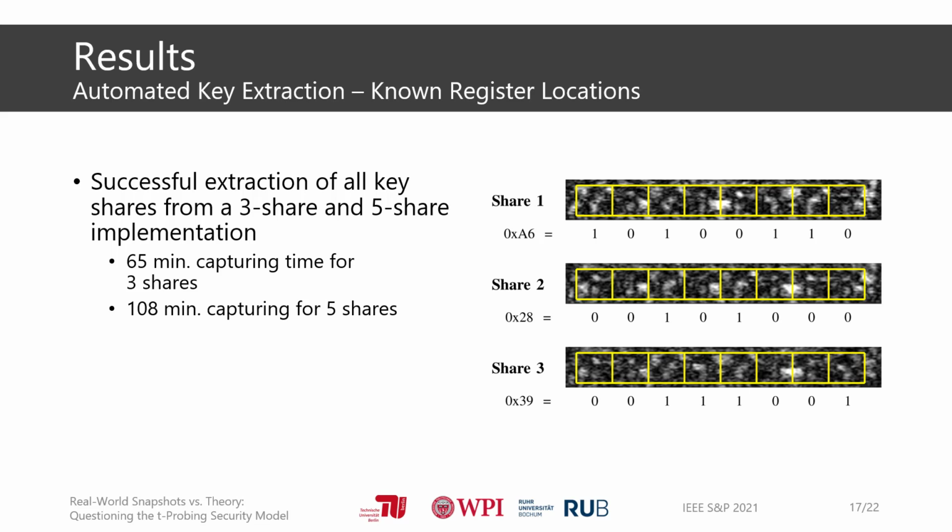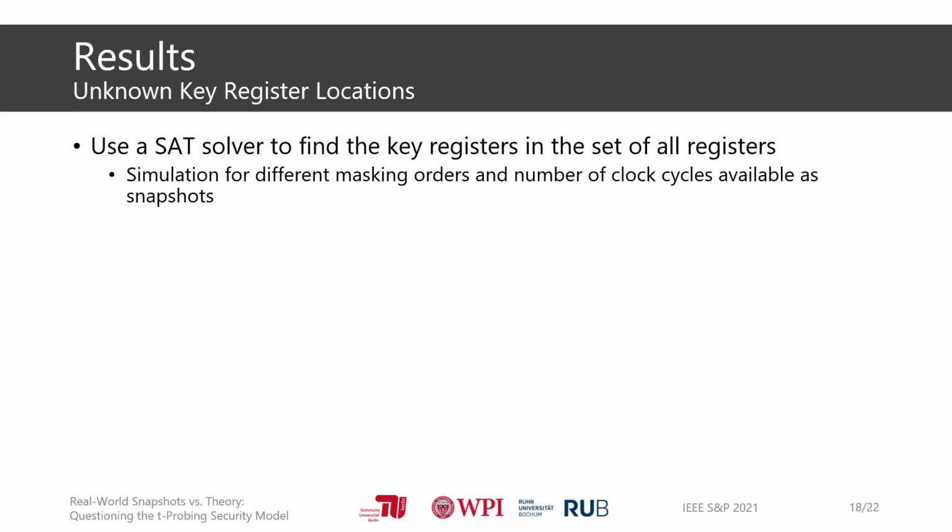But now there's still the case where the key registers are unknown and simply extracting the memory content doesn't help to reveal the secret key. And as I said, for that we used SAT solvers to find the set of key registers within all registers of the implementation.